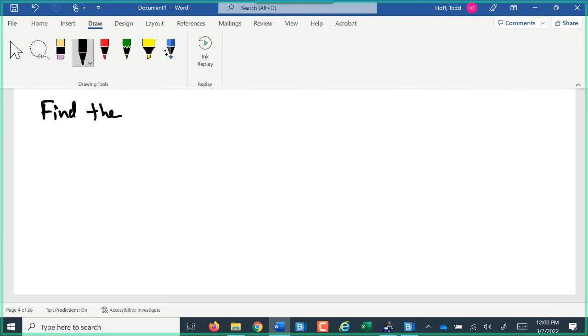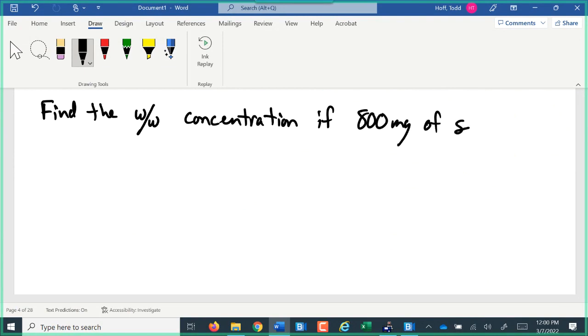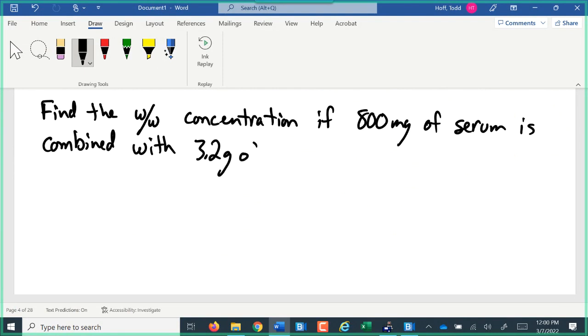Let's find the weight and weight concentration. If 800 milligrams of serum is combined with 3.2 grams of sterile water, normal saline.